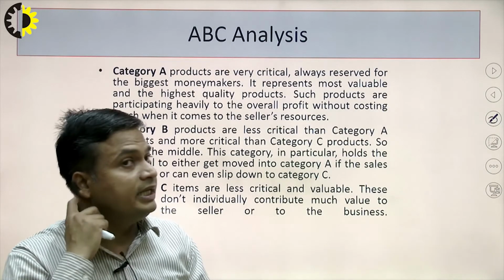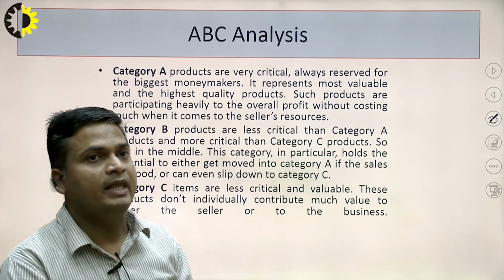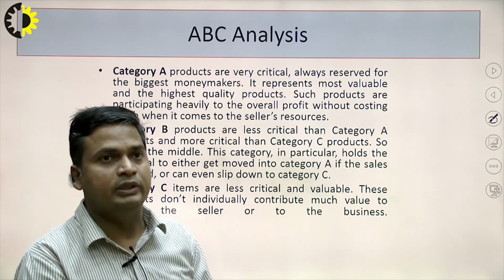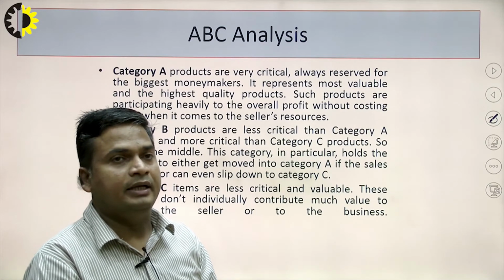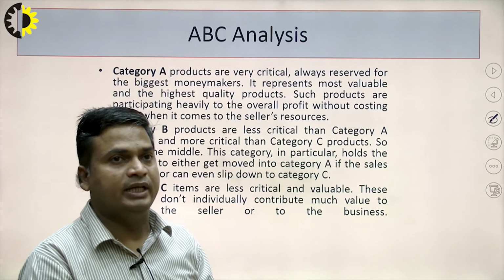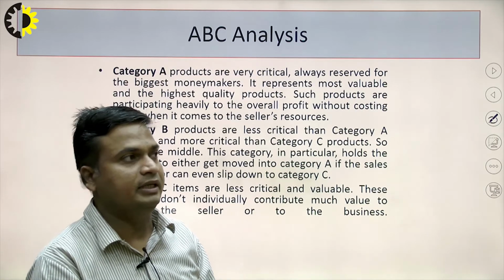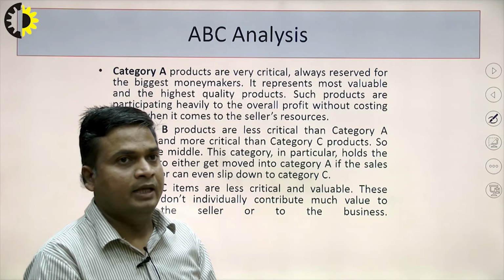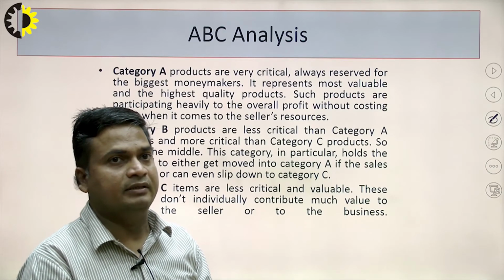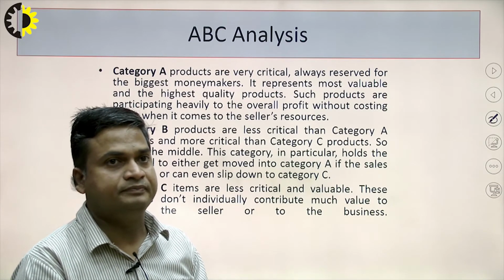Now, next is the ABC analysis. It is another method to control the inventory, and in this method we have to categorize the inventory in 3 ways: category A, category B and category C. In category A, products are very critical, very valuable to the company.